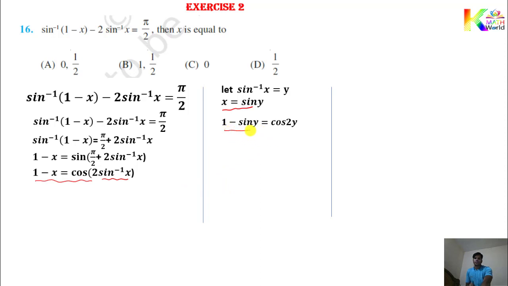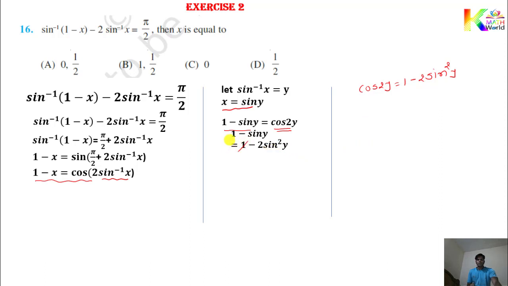Here on this side, replace the formula of cos 2y in terms of sine. What is the formula? 1 minus 2 sin square y. So we get 1 minus sin y equals 1 minus 2 sin square y.